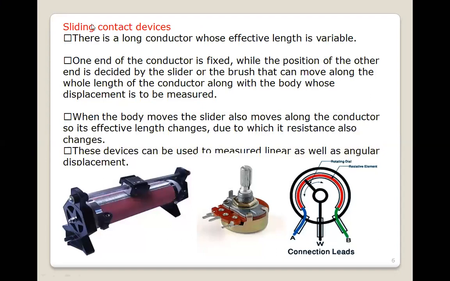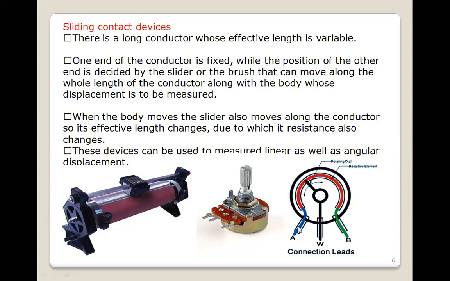Now one of the types of resistive sensor is called the sliding contact device. I think we have seen this type of variable resistance, known as a potentiometer. There is a long conductor with a sliding contact, so by varying the contact, the equivalent resistance will change.